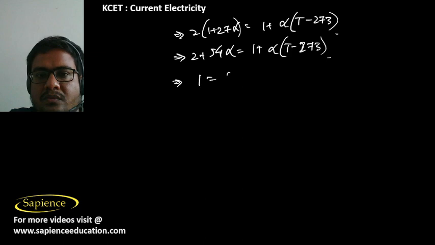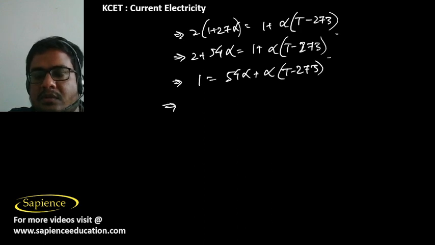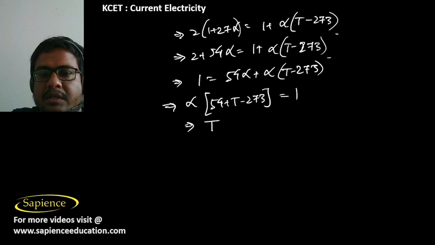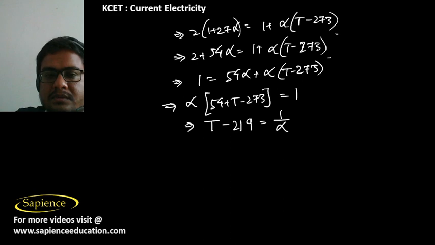So 1 is equal to 54 alpha plus alpha into T minus 273. So if I take alpha as common, this will be 54 plus T minus 273 equal to 1 by alpha.